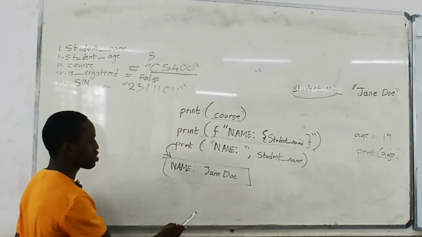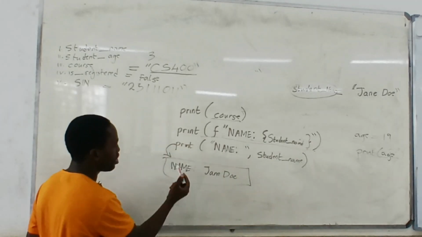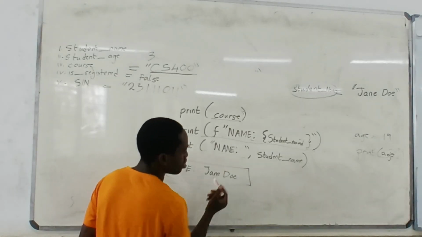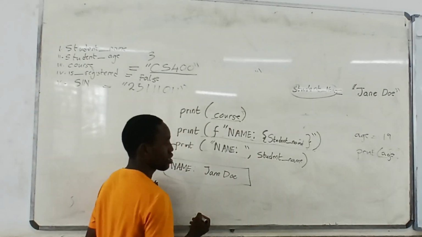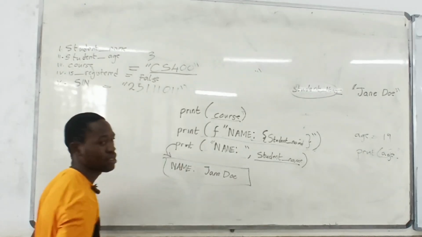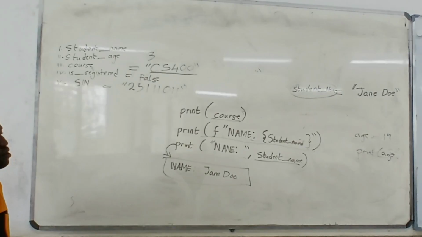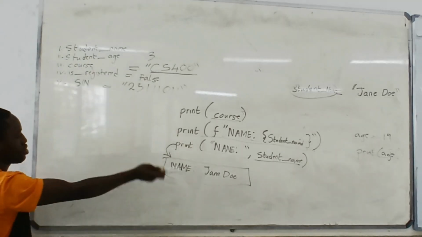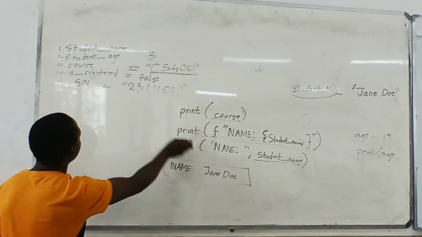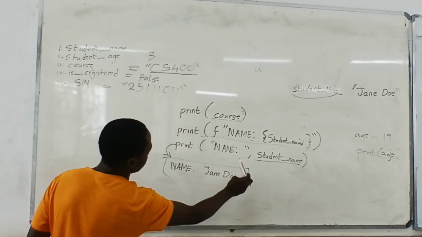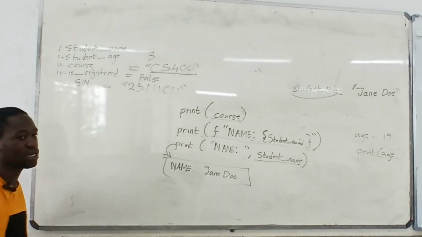But if you do not want the name of the variable to be inside the quotations, you can just write your label here inside the quotations, and then after the last quotation, you add the comma and then the name of the variable. And then you can proceed to print the rest, just changing the label here and the name of the variable. So the next one would be age, and then the name of the age variable, course, just like that.